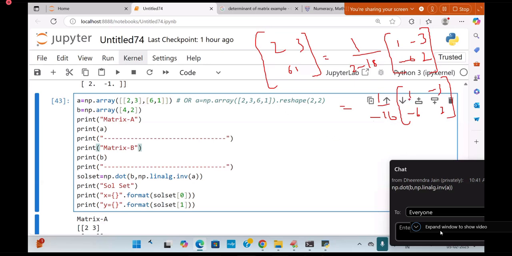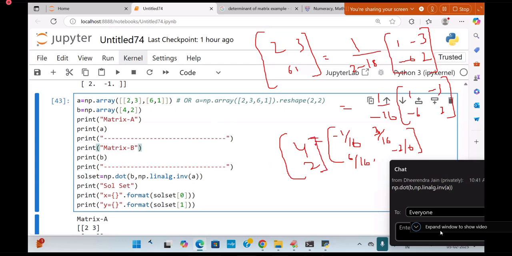So coming to this place, what is this value now? Minus 1 by 16 and 1 by 16, 3 by 16, 3 by 16, next 6 by 16 and minus 2 by 16. And you have to multiply with what value? 4 2. You have to multiply with 4 2. Are you following me? This is a multiplication.